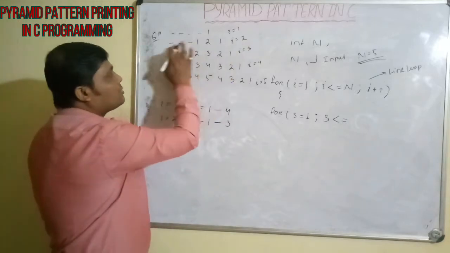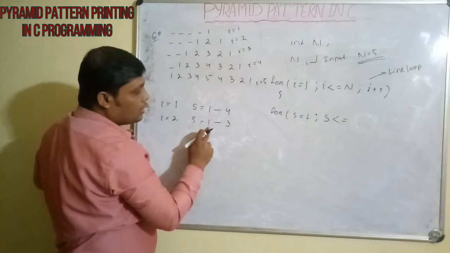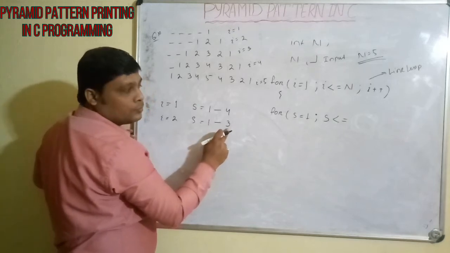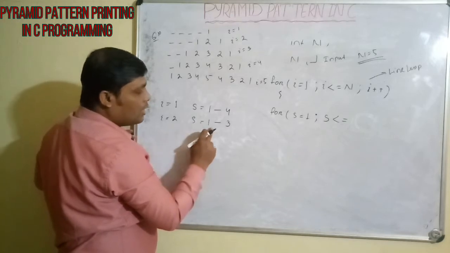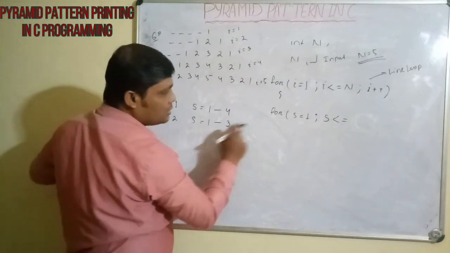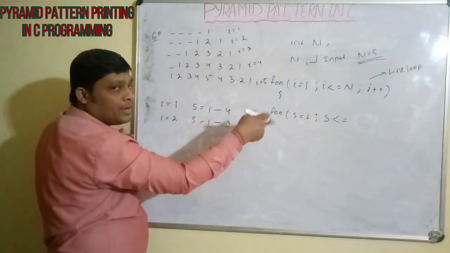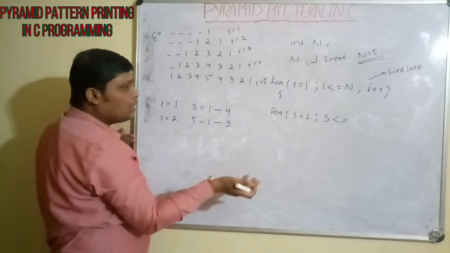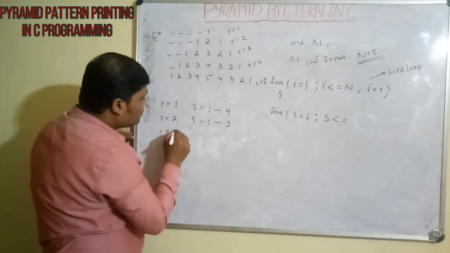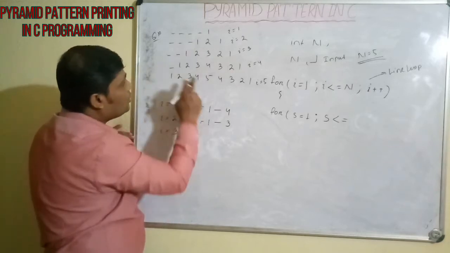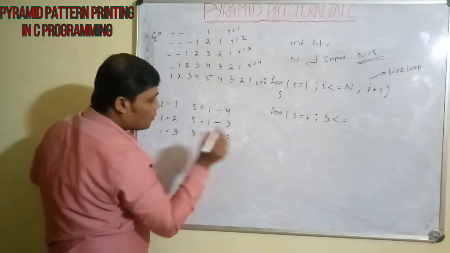When i equal to 2, the number of spaces will be 3, so it will continue for 1, 2, 3. Because the space loop starts from 1 and ends with 3, less than or equal to 3, it will continue for 3 times, giving 3 spaces. When i equal to 3, the number of spaces is 2, so s will start from 1 and end with 2.